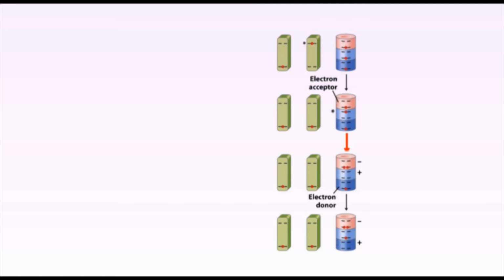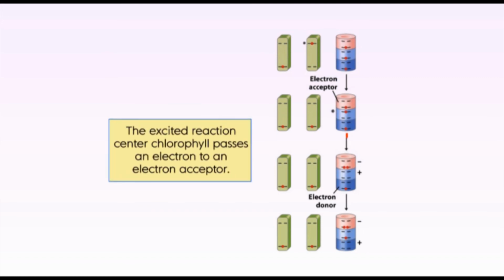In this excited chlorophyll molecule, an electron is promoted to a higher energy orbital. This electron then passes to a nearby electron acceptor that is part of the electron transfer chain, leaving the reaction center chlorophyll with a missing electron. We call it an electron hole, denoted by a plus sign.